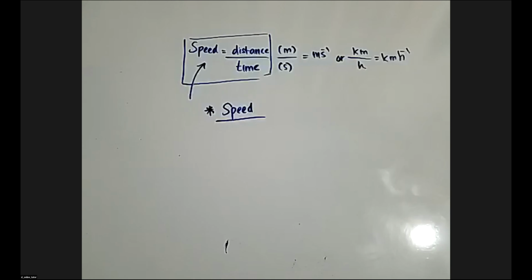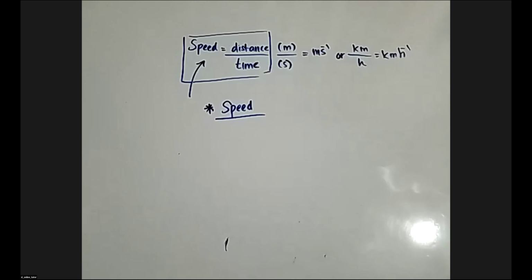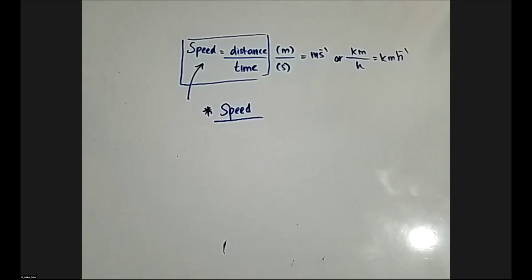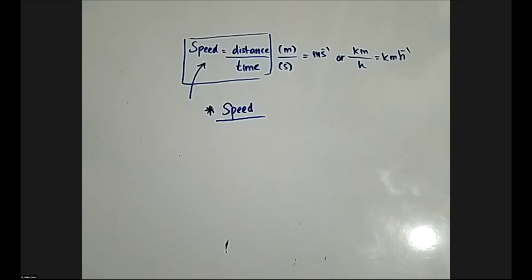The distance traveled by a moving object per unit time is constant.